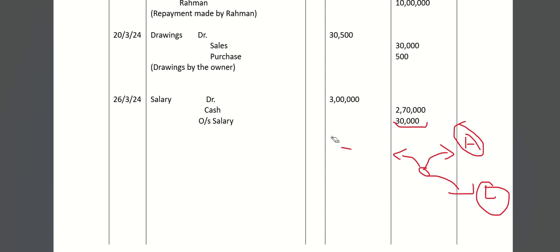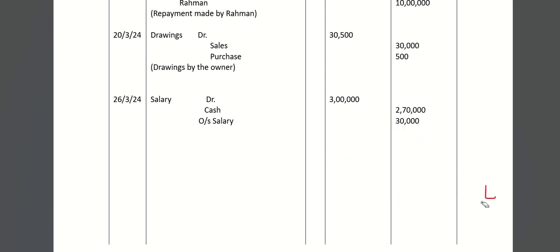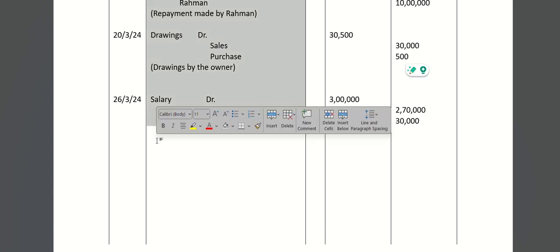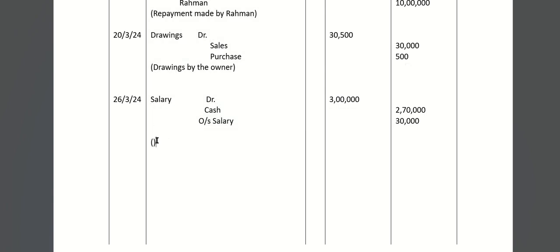Hope the concept is clear for you. Now we can write a narration to this as what? Salary paid to all employees except Mr. FOM.